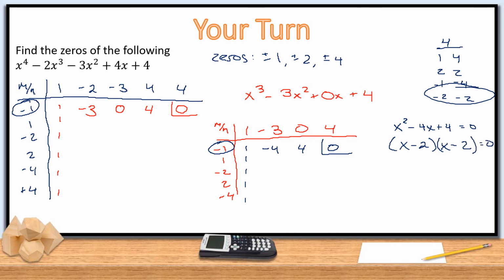So that means that all my factors together, I've got x plus 1, and then x minus 2, x minus 2. So they both had a multiplicity of 2. And my zeros, x equals minus 1, x equals positive 2.